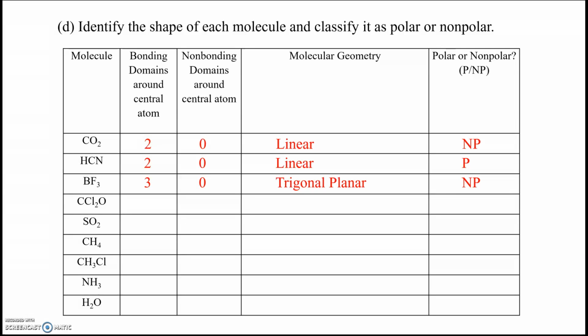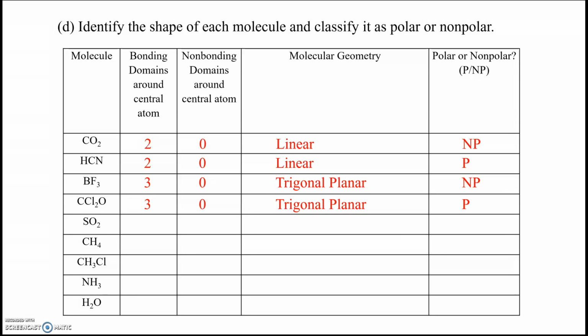All right, phosgene, CCl2 double bond O. I've got 3 bonding domains around the central carbon, no non-bonding, and it becomes trigonal planar. But again, because I have dipoles that are not equal and opposite, the 2 chlorines are equal, but they don't point in opposite directions, and certainly they are not the same as the carbon-oxygen dipole.